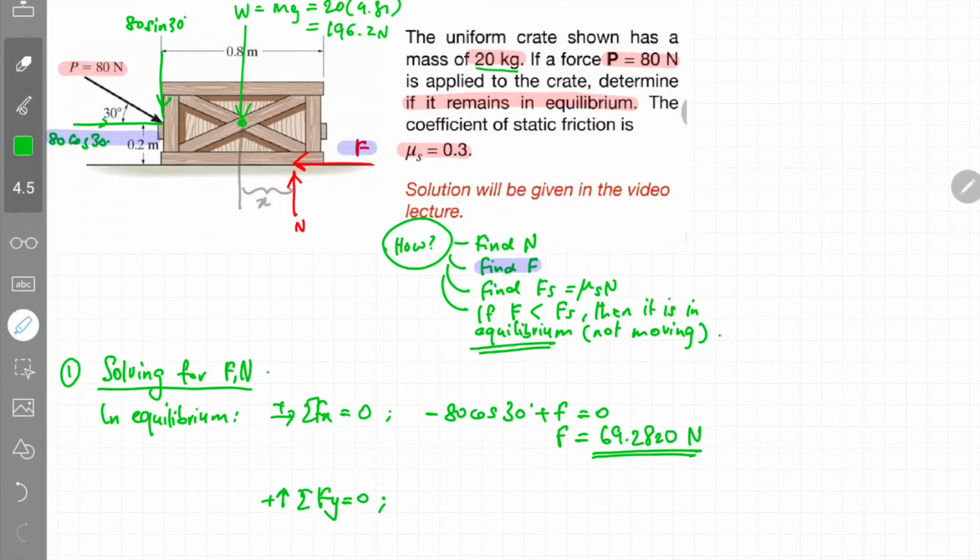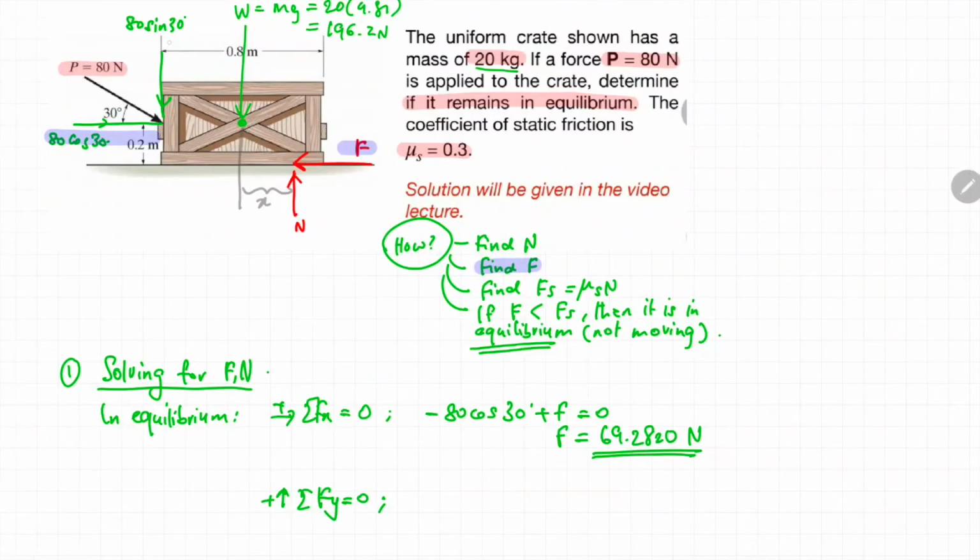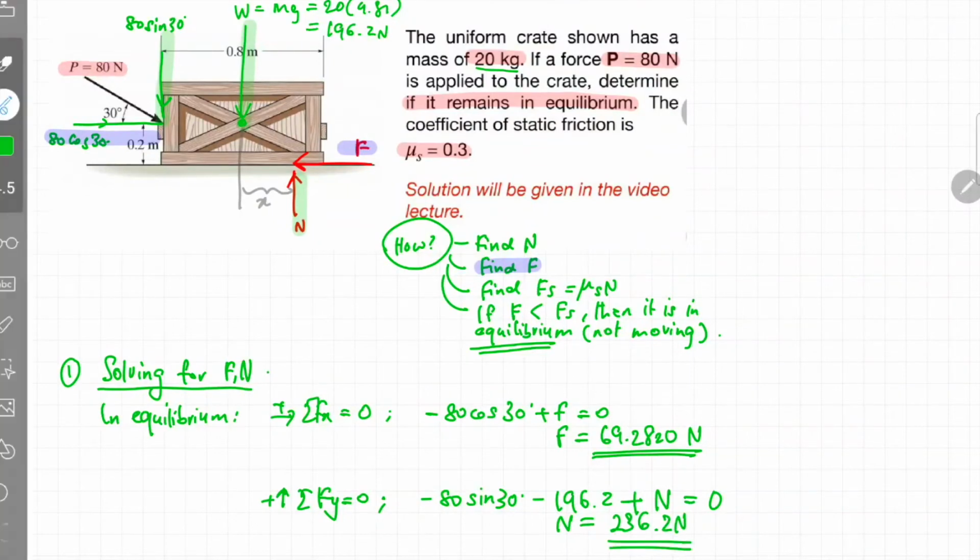There are three items in the Y direction: the 80 sin 30, the weight of the crate, which is 196.2 Newton, and the respective normal force acting upward. You put all three items in your equation and you can easily solve for the resultant normal force to be 236.2 Newton. So the N value is done.